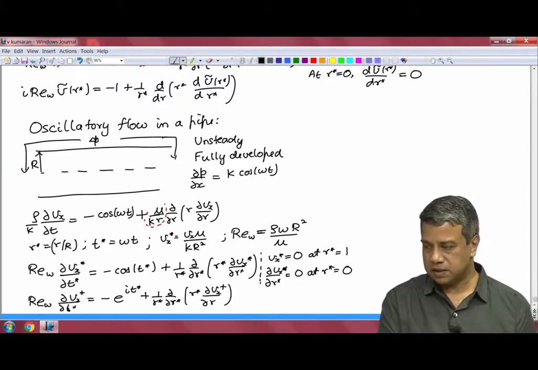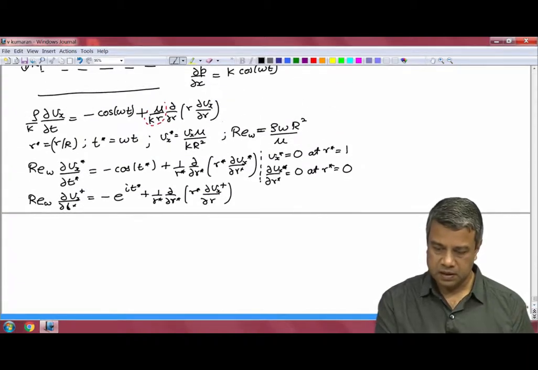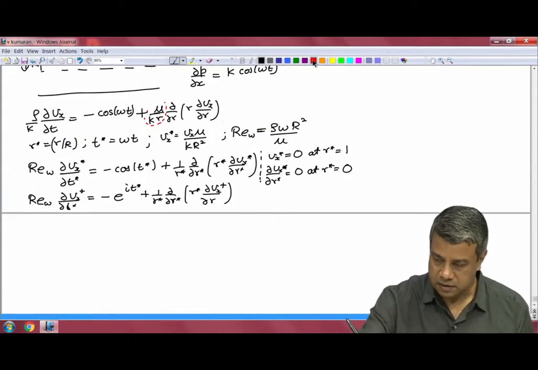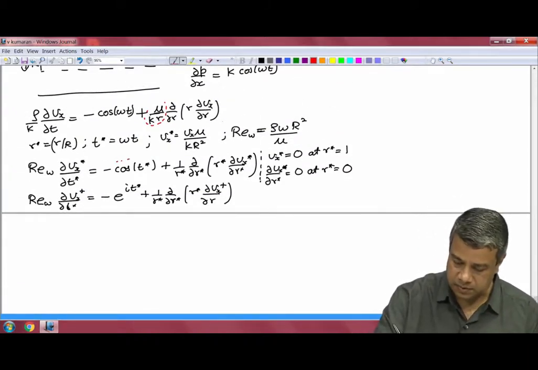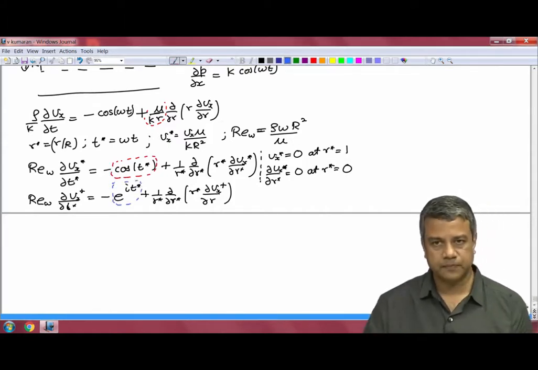That was the more general equation that we had formulated in the last class. The forcing function for the original problem is the real part of the forcing function of this more general equation.